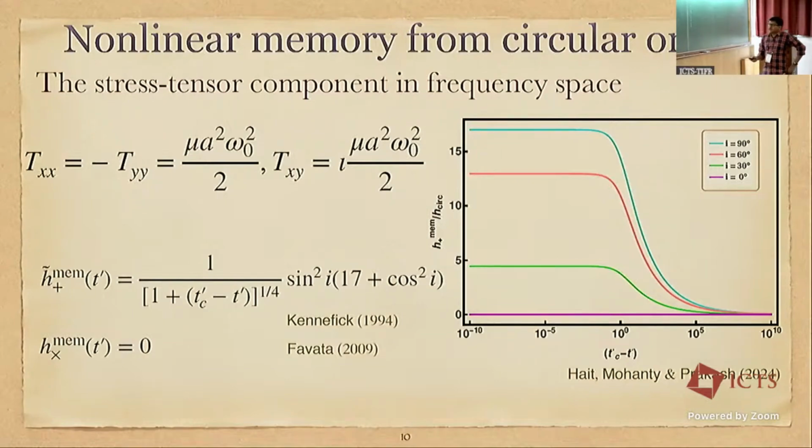Now if you see, at very early times we have a non-vanishing memory. As this T prime approaches Tc, the memory grows, and eventually settles down to a maximum value.